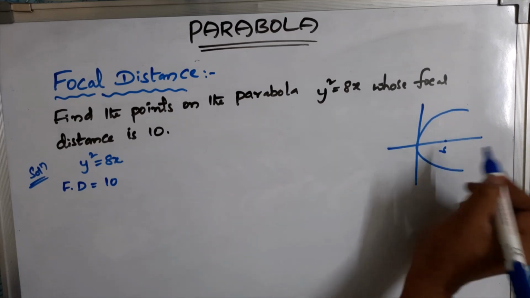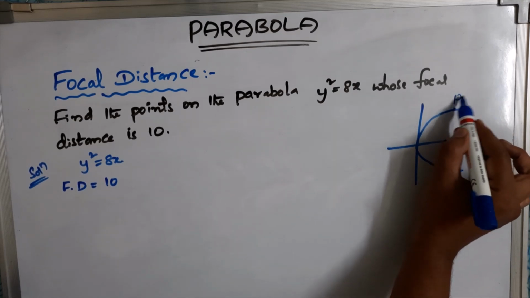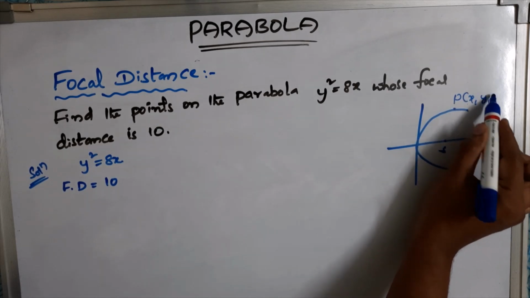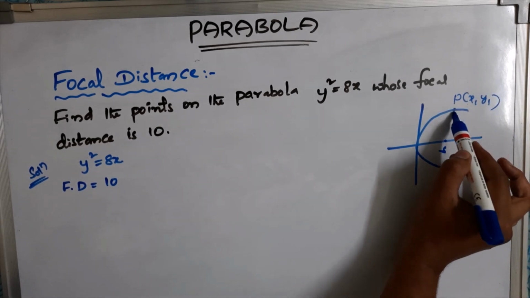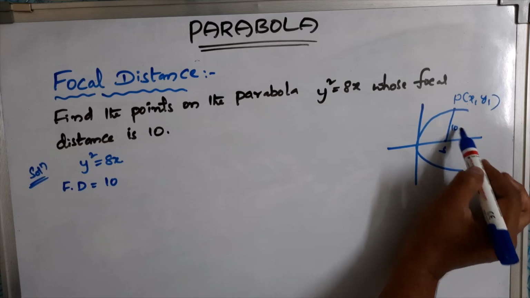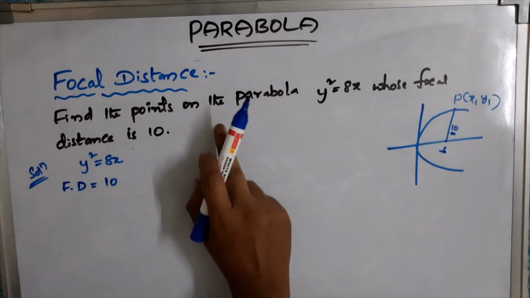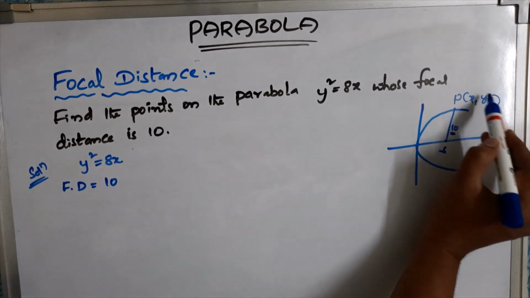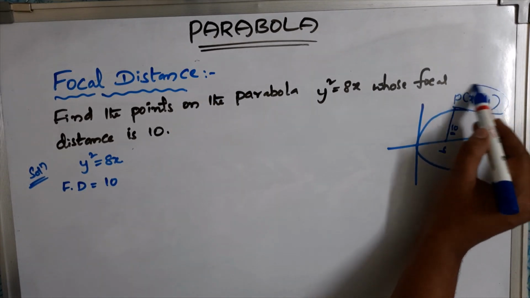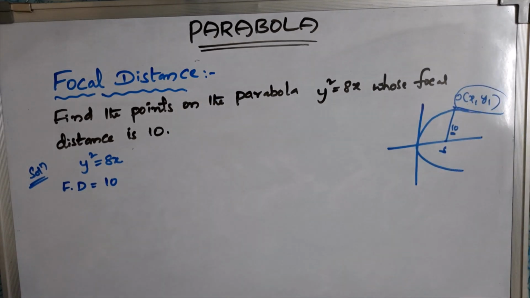This is the focus and this is a point P(x1, y1). SP is equal to 10. We have to find the coordinates of the point P(x1, y1) on the parabola.